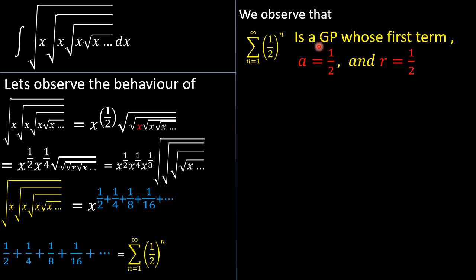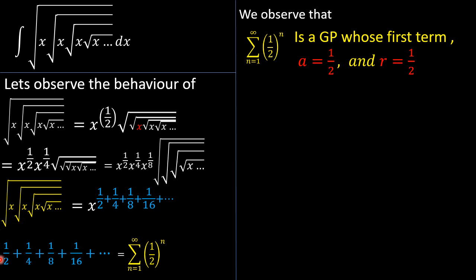That is simply going to give you 1/2 as your common ratio. Then the first term, a, is 1/2. So this series keeps on going forever, so there are infinitely many terms.